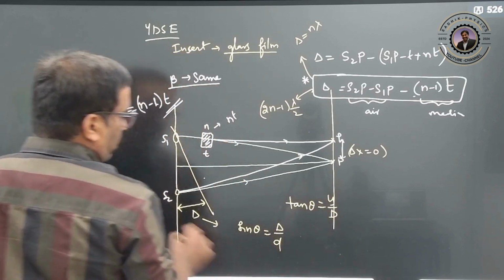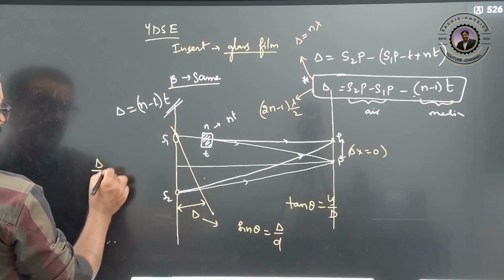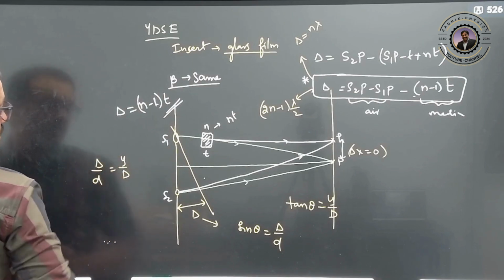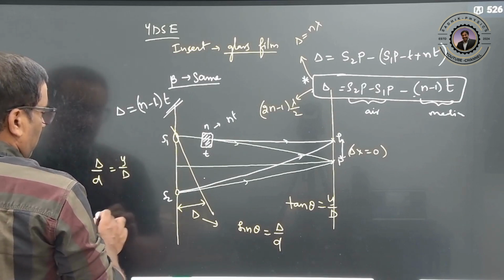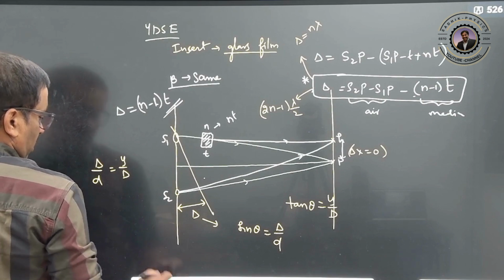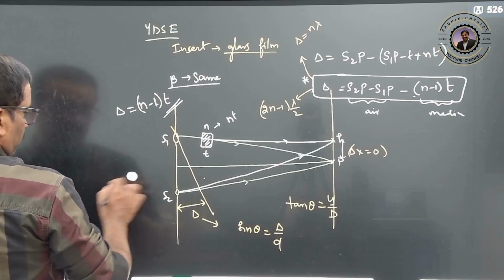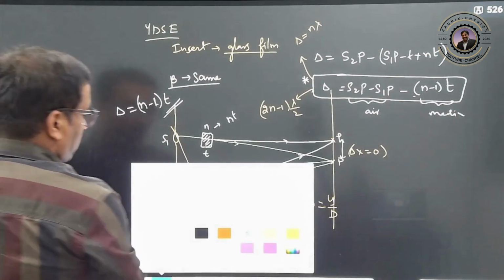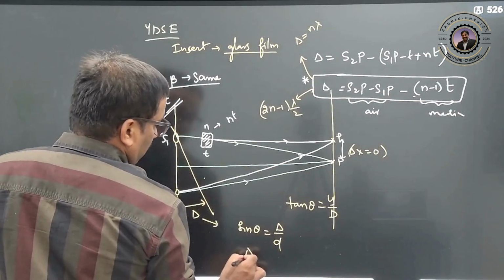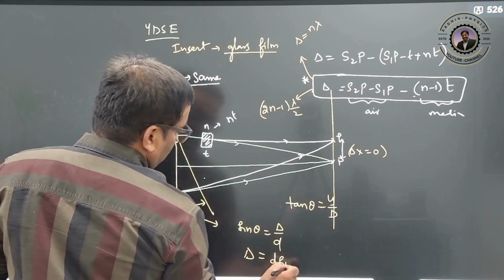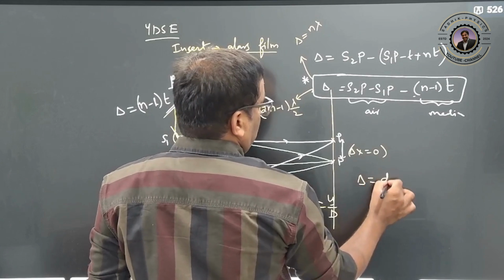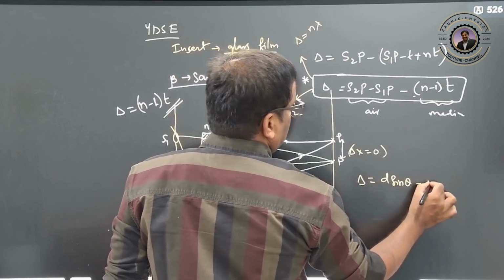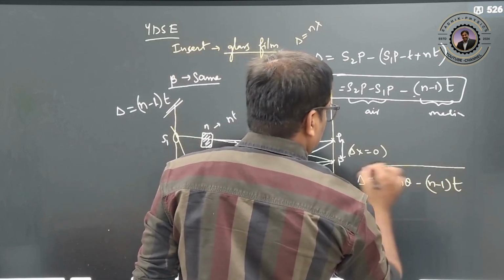So delta by d equals y by d. Don't confuse here. The extra path difference, delta, equals d sine theta minus (n minus 1) into t.